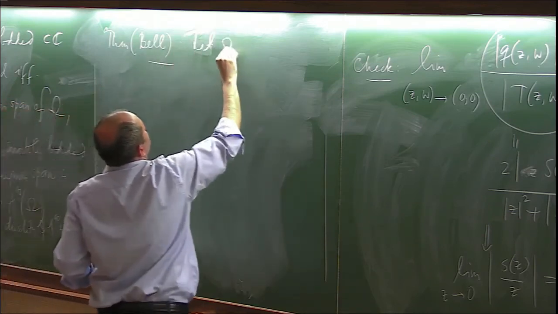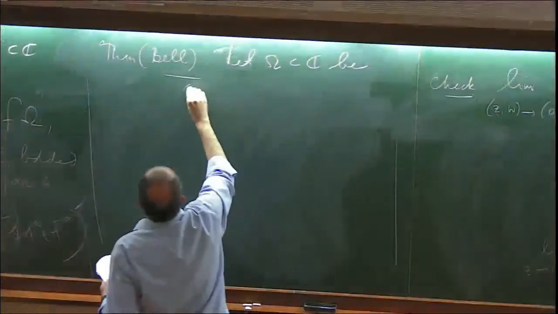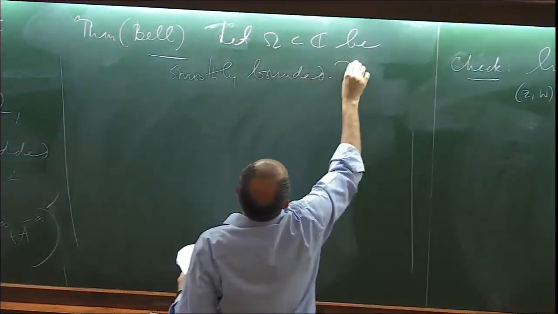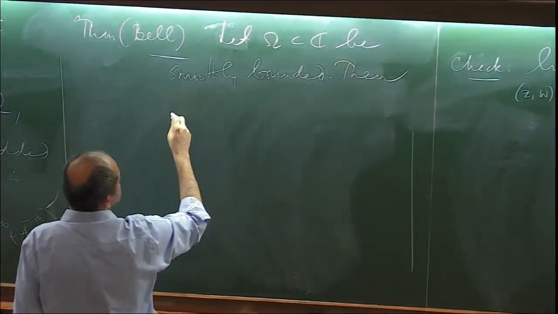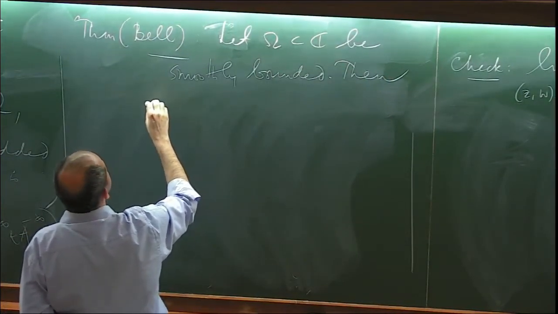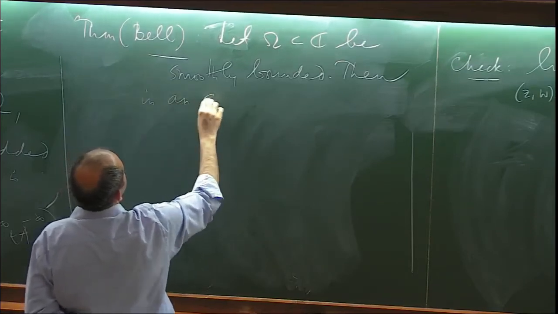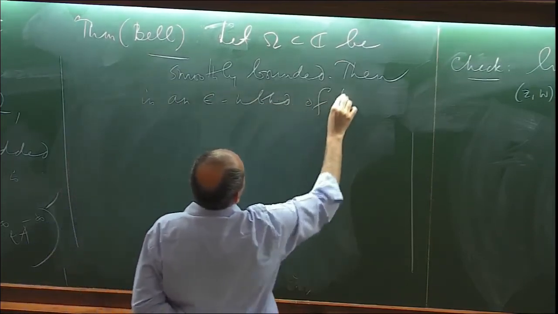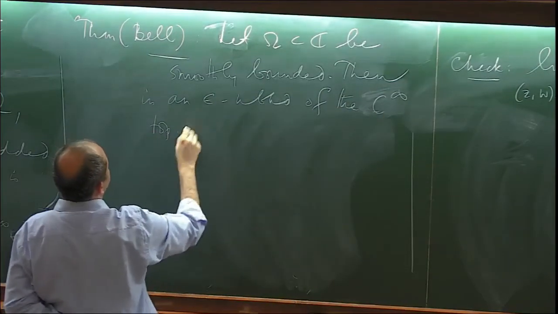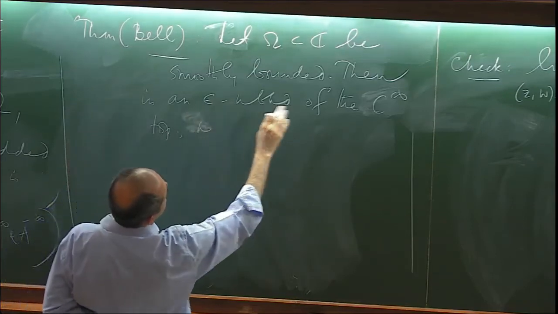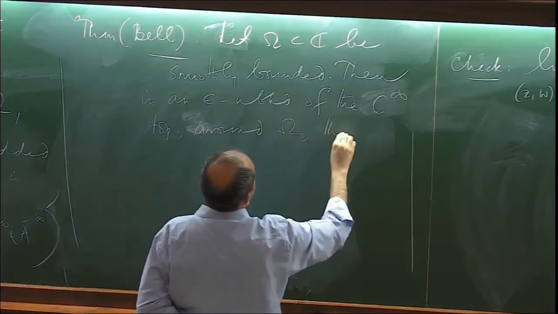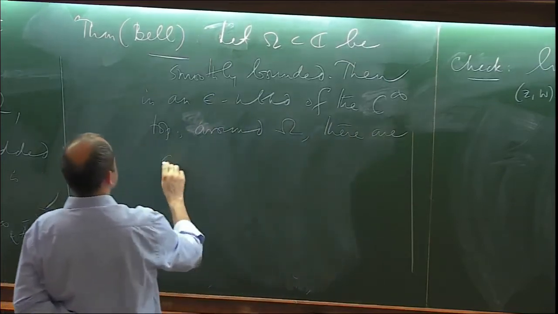Let omega be smoothly bounded, then in an epsilon neighborhood in the C infinity topology around omega, there are quadrature domains.